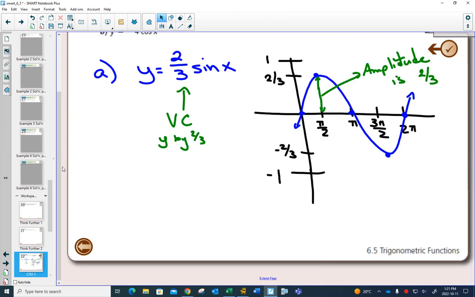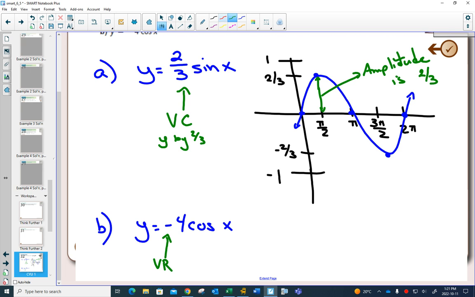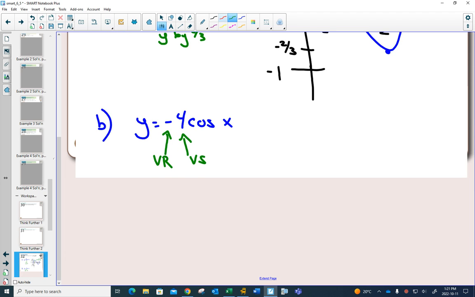So I'm going to part B. Again, this is outside of the function, so I would call this a vertical reflection and this a vertical stretch. Together, we're going to multiply our y values by -4.